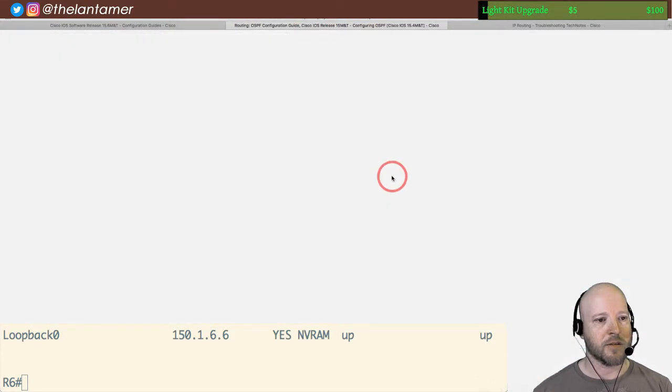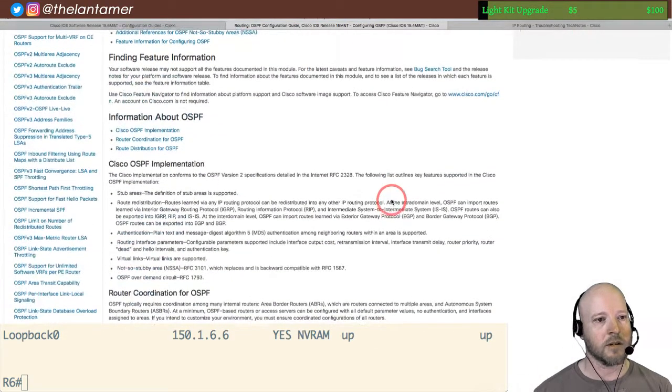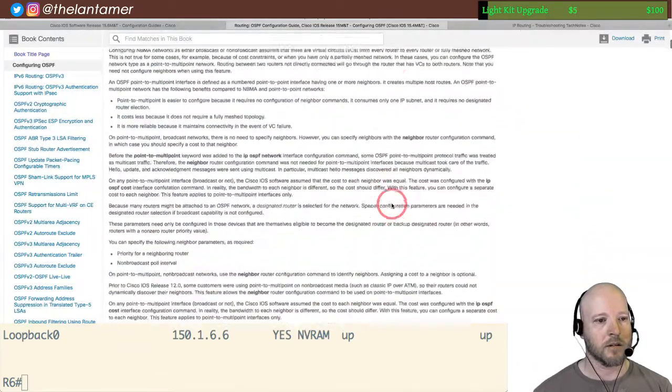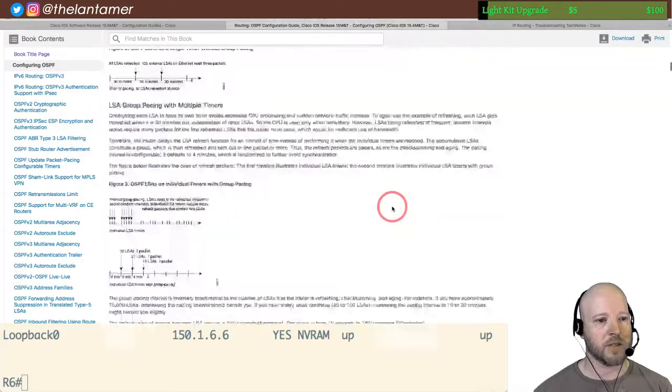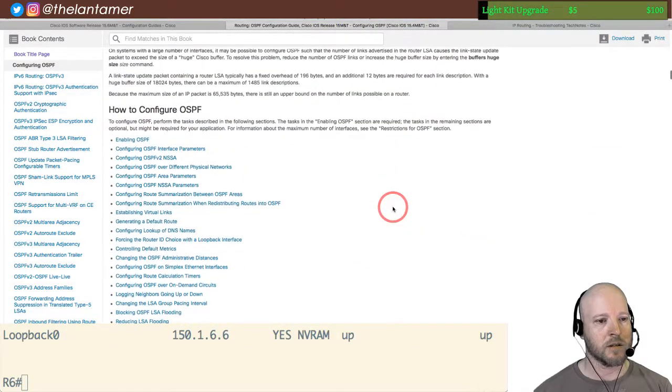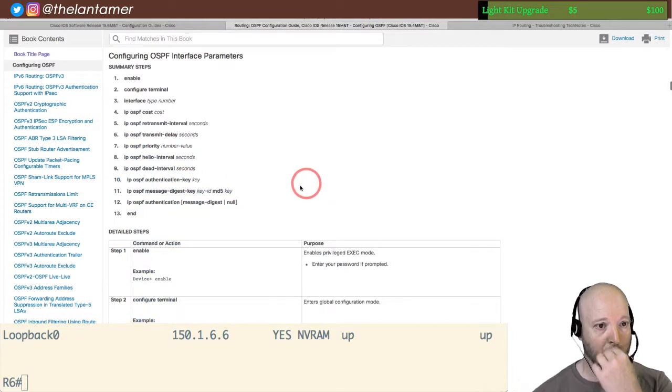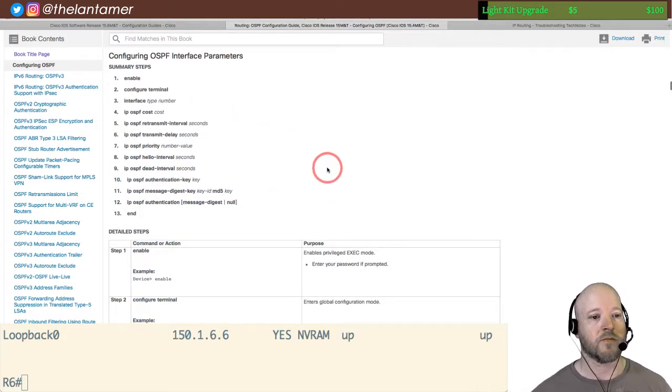Configuring OSPF. Interface parameters. Okay. So there's a lot we can put on here at the interface level.